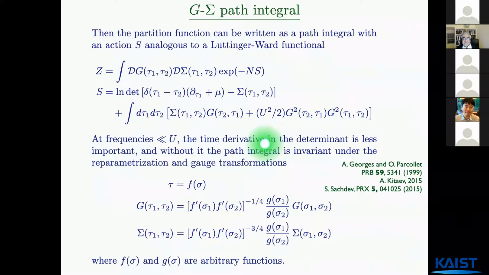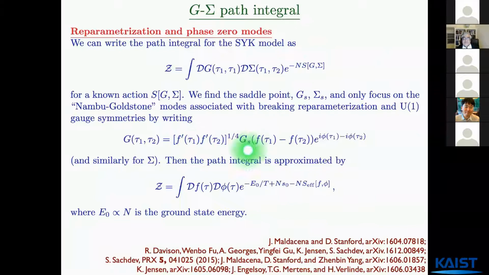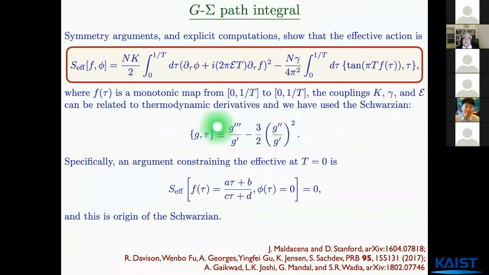When I'm doing this transformation, if f of tau is SL2R, G is just equal to G_S. And so you're not actually even moving away from the saddle point. So it must vanish for SL2R. And this Schwarzian function is the simplest function which vanishes for all SL2R f of tau. Okay, so therefore you've got to have that, and then the only thing left over is to compute this coefficient.